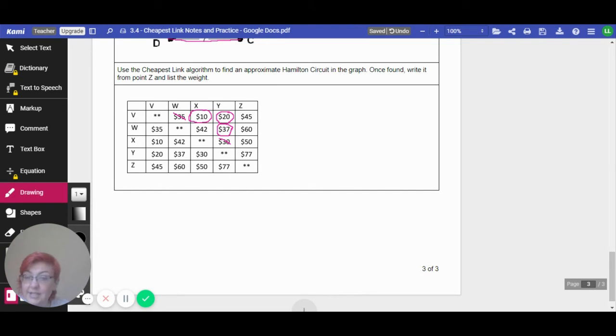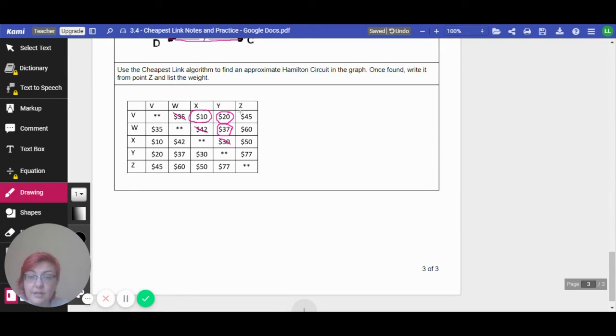Would connect X to W. And I would have X to V, V to Y, Y to W, and W to X, which would close a circuit. Nope, I haven't used Z yet.